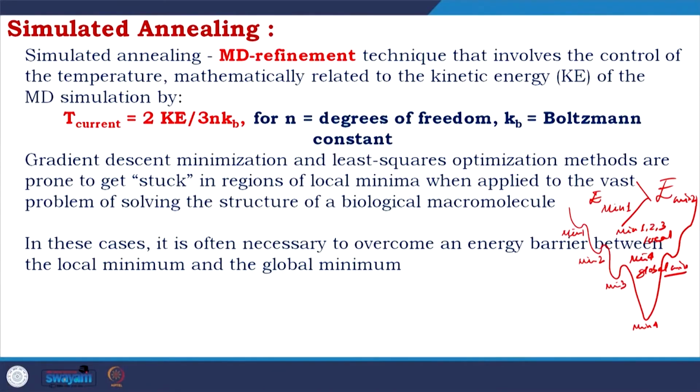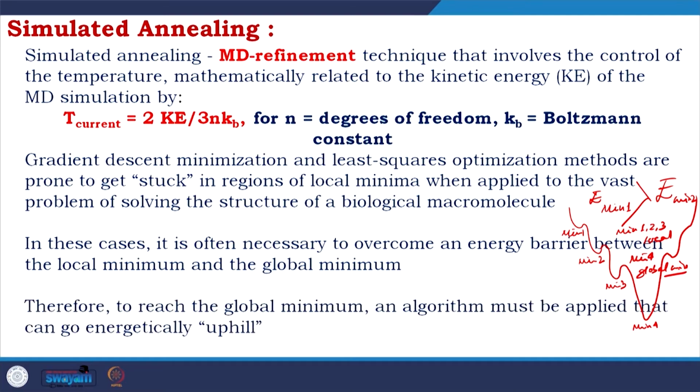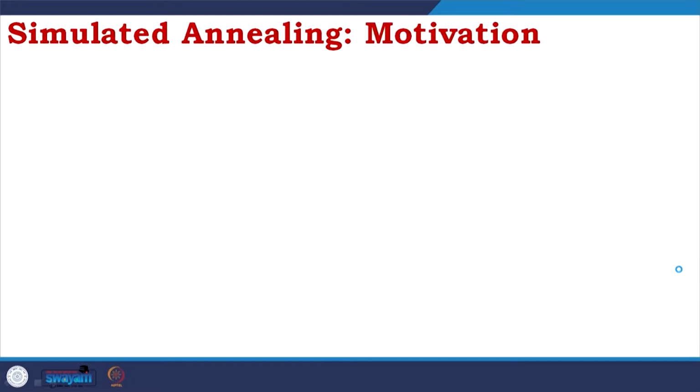In these cases, it is often necessary to overcome an energy barrier between the local minimum and the global minimum. Therefore, to reach the global minimum, an algorithm must be applied that can go energetically uphill. Motivation of simulated annealing: motivation by the physical annealing process, meaning heating process.